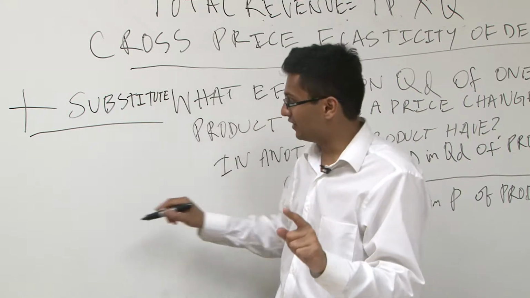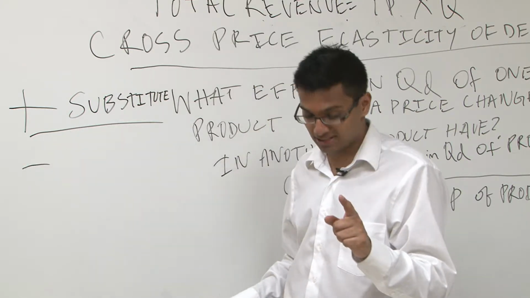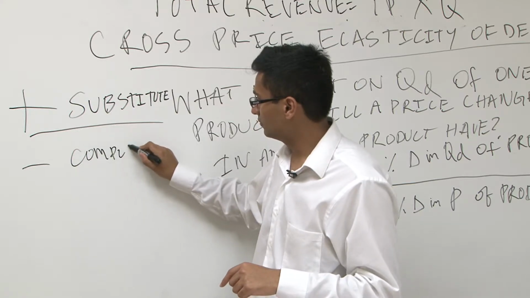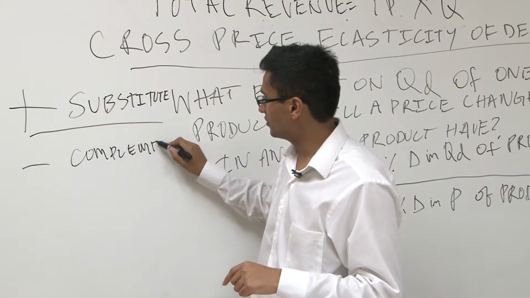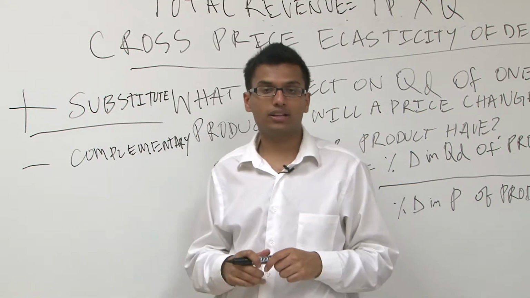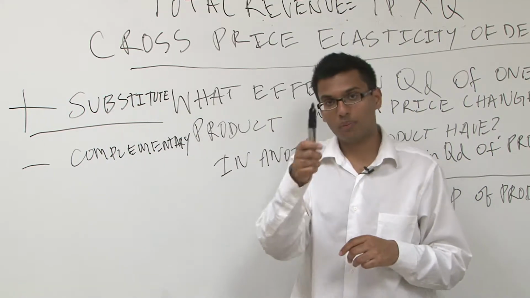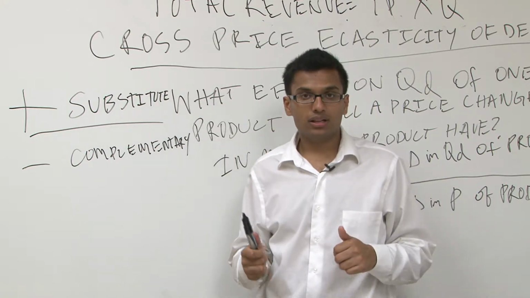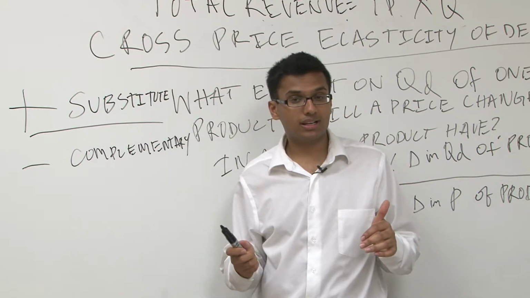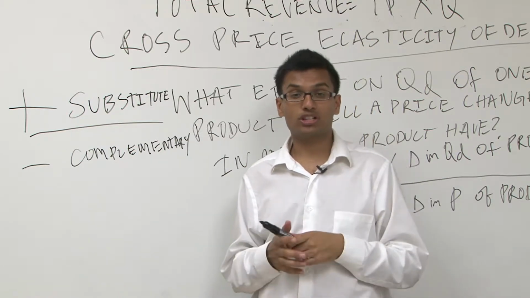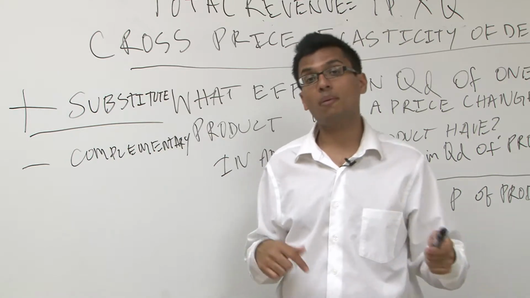But if it has a negative sign, that means that it's a complementary good. So say whiteboards are complementary to this marker. Say that their prices have gone up. The way that's going to work is that if the prices have gone up and the people that are going to consume the marker go down, it's a complementary good.